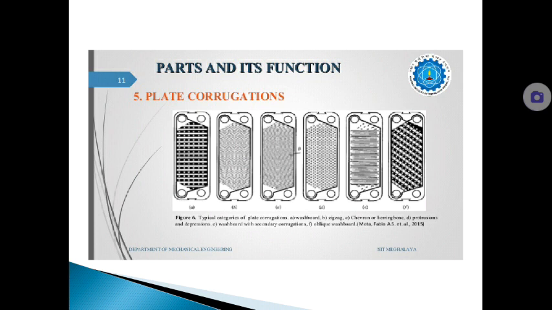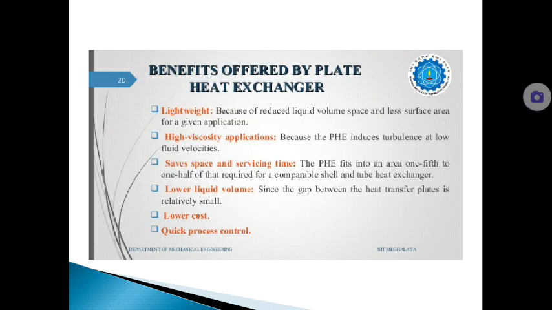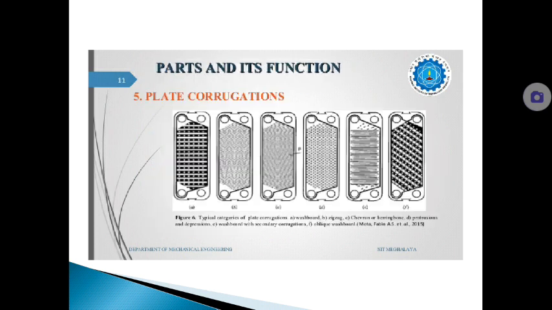There are different shapes of corrugations given over the plates. Corrugations means the zigzag portion which is given over the plates.